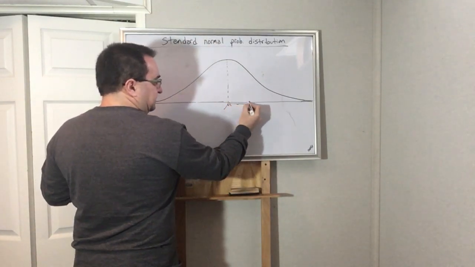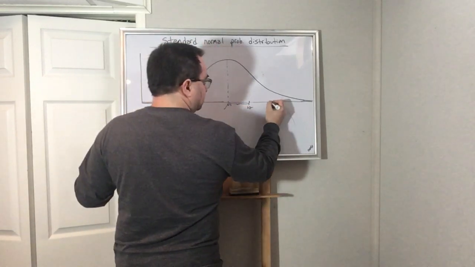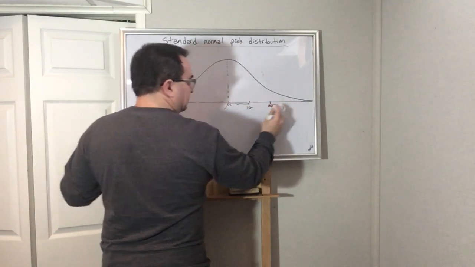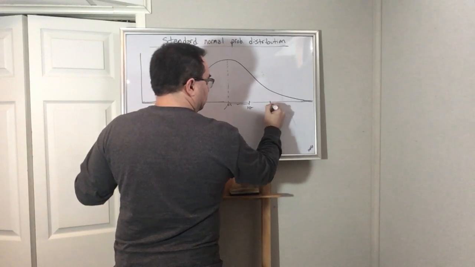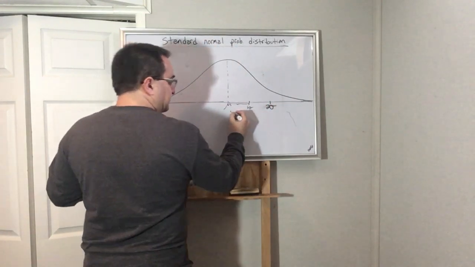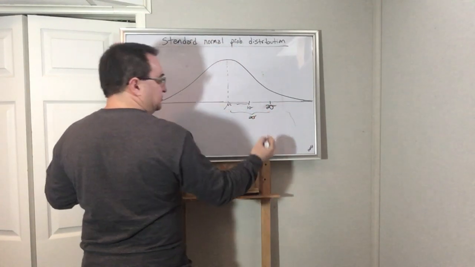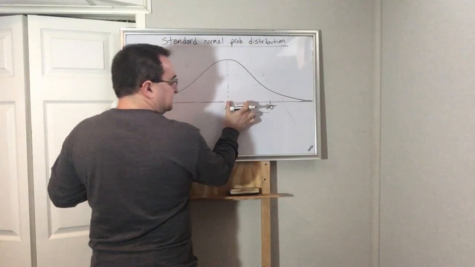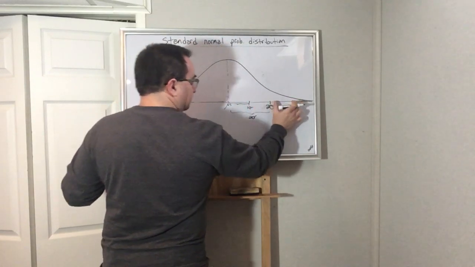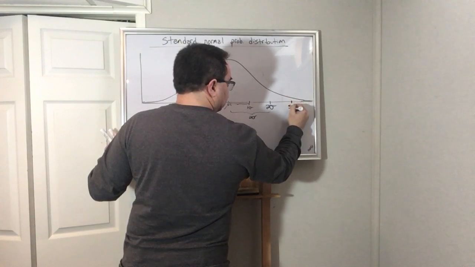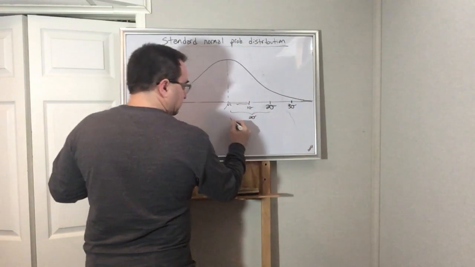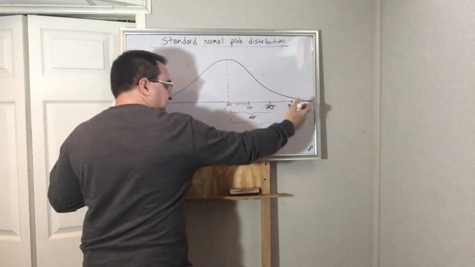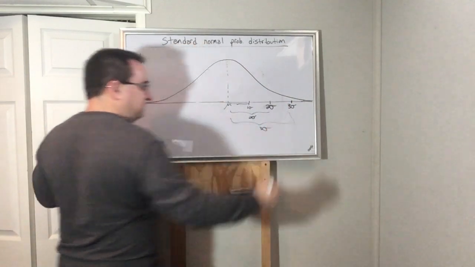So this is 1 standard deviation. Here, let me write that bigger. 2 standard deviations. And I'm trying to space these out equally. 1, 2, 3 standard deviations. So that distance from the mean to there would be 3 standard deviations.